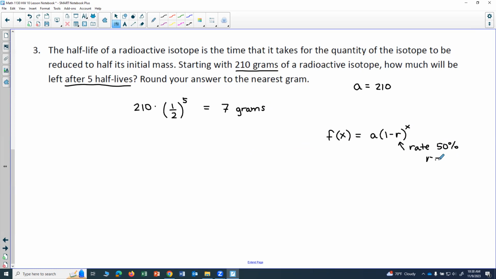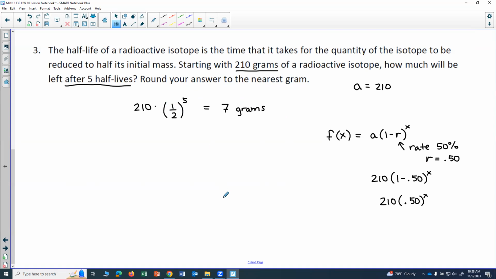So your r would be 0.5 or 0.50. And so you would end up with 210, 1 minus 0.50 to the x, but that just comes out as 210 times 0.50 to the x, which is what we used here. We basically said 210 times 1/2, and then 5 half-lives we did to the 5th power.